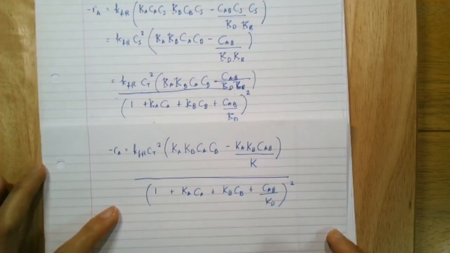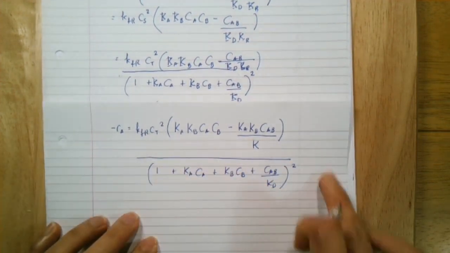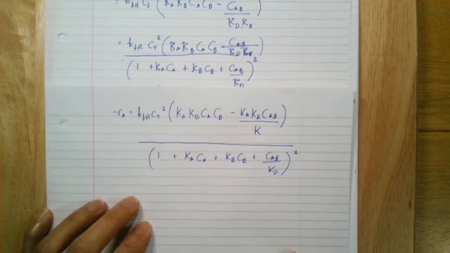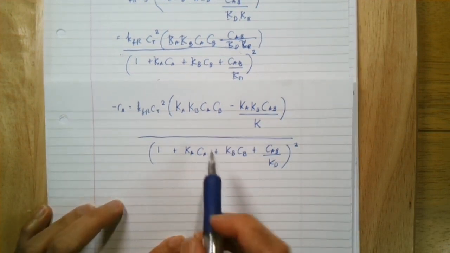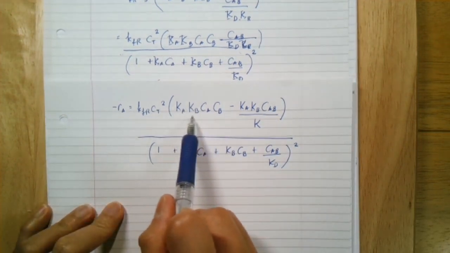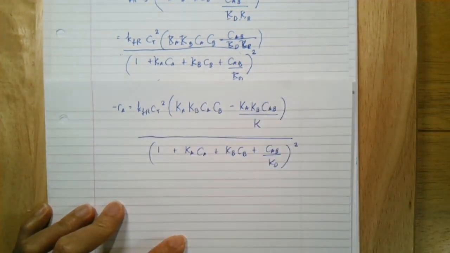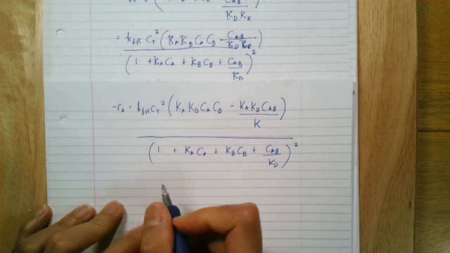So I would like this to be in the form showing the terms for kinetics, driving force, and adsorption. Okay, so what I can do is I can take out Ka times Kb. I can take them out of the bracket.